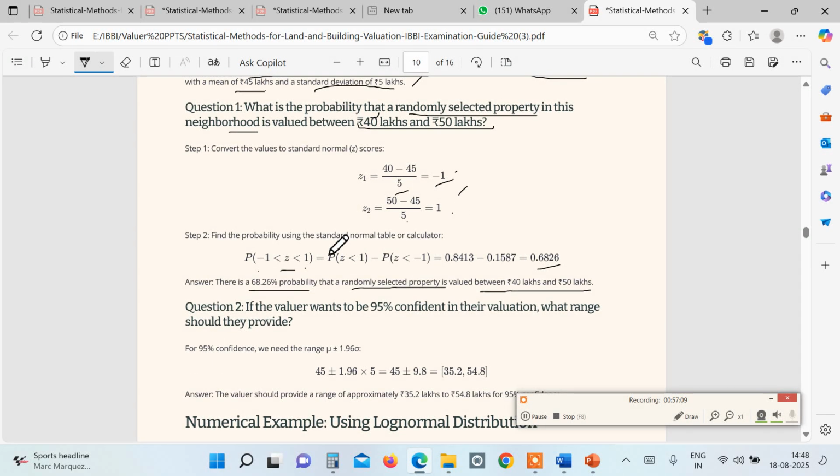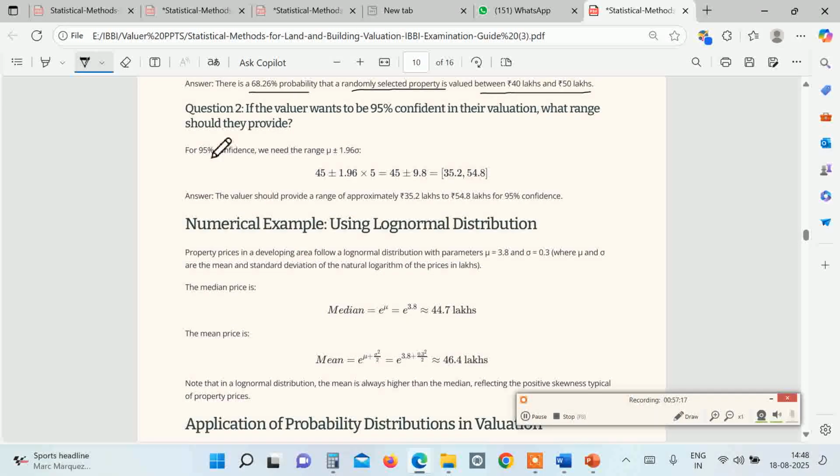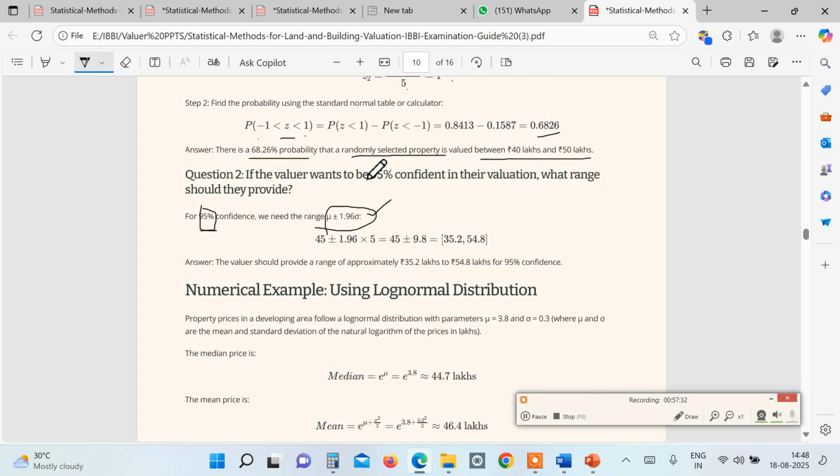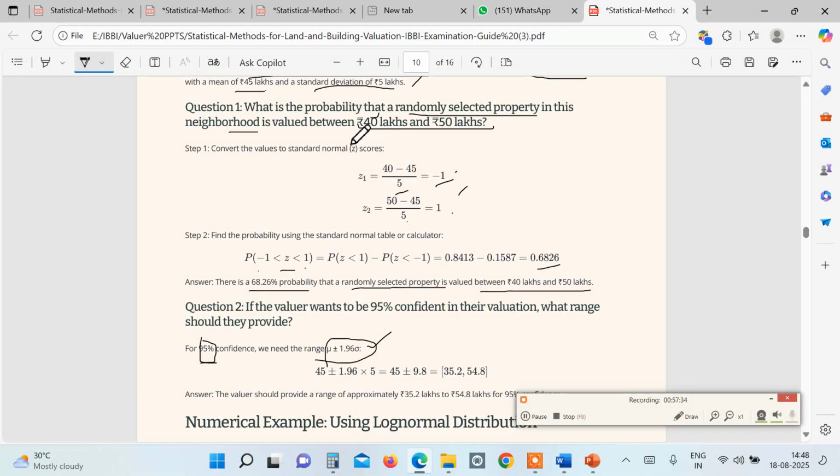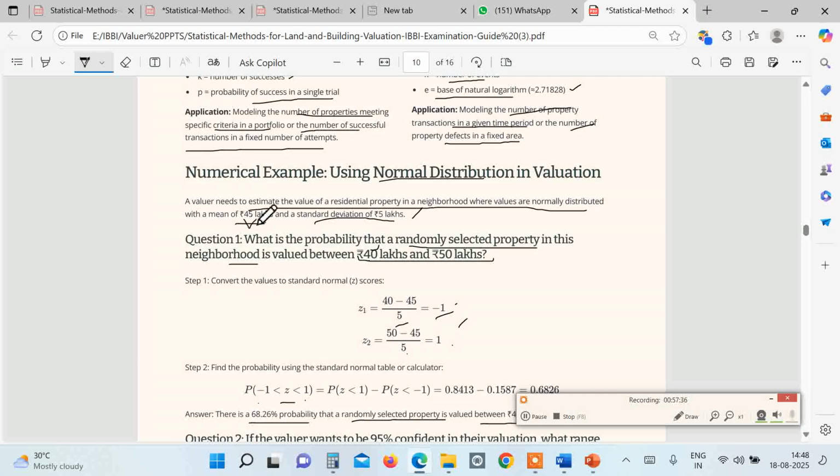The second question is, if the valuer wants 95% confidence in their valuation, what range should they provide? For 95% confidence, we need a range of 1.96 sigma. You have to remember this formula, as generally you may be asked a question on this. So mu plus or minus 1.96 sigma. Mu is 45 lakh, as given in the question, and sigma is 5 lakh.